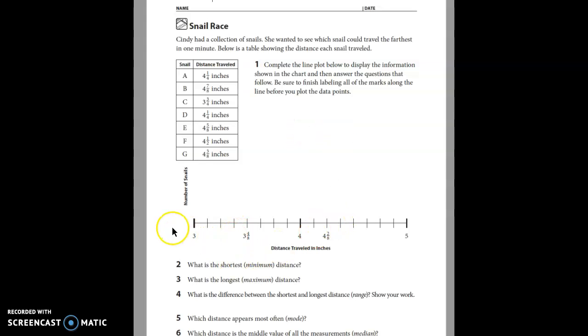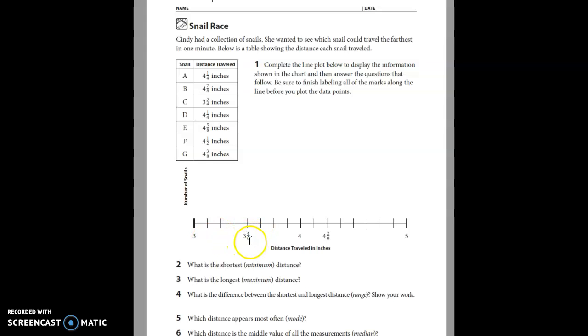So if you notice, we have 3 and 3 4/8. And then we have 4, 4 2/8, and 5. So what this number 1 means, first you have to tell me what data point would be here. This would be 3 and what? Using 3 4/8 to help you.